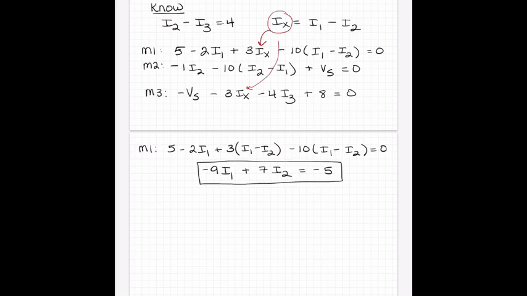Let's go to mesh 2. I'm just going to do the simplification here. I don't have to do any substitution. So 10 times I1 minus 11 I2 plus VS is equal to 0.